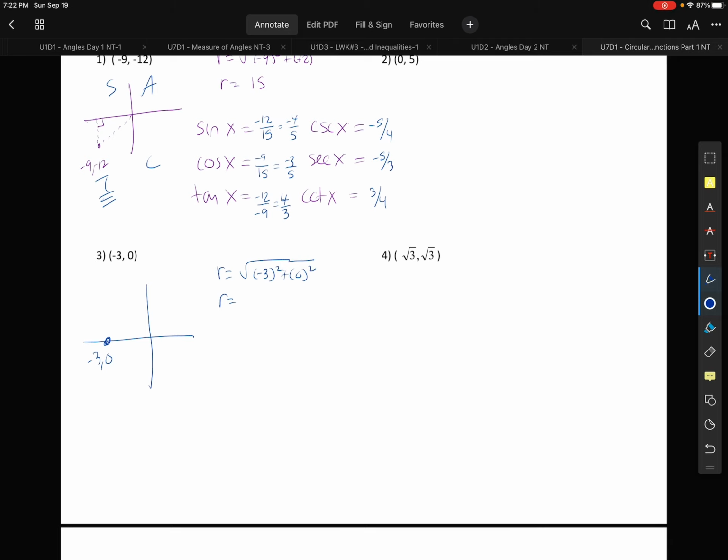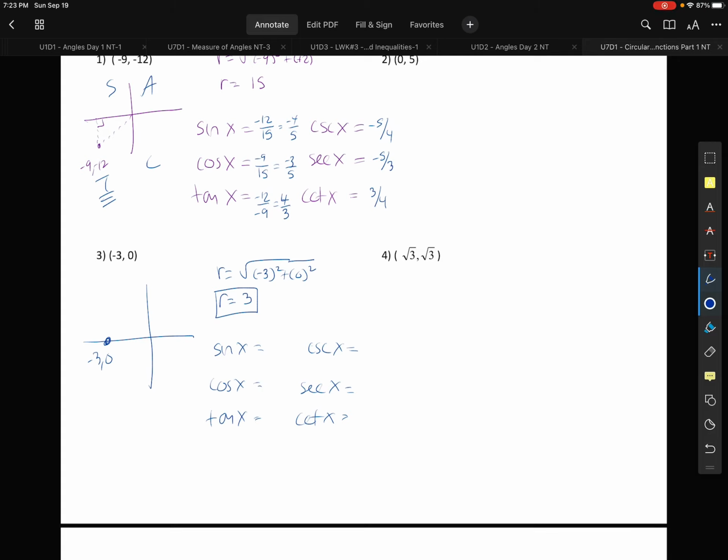So 9 plus 0, square root of 9, the radius is 3. So it may not be set up as exciting as the problem before this, but we still have an x, we still have a y, and we're able to solve for r. Sine x, cos x, tan x, cosecant x, secant x, and cotan x.